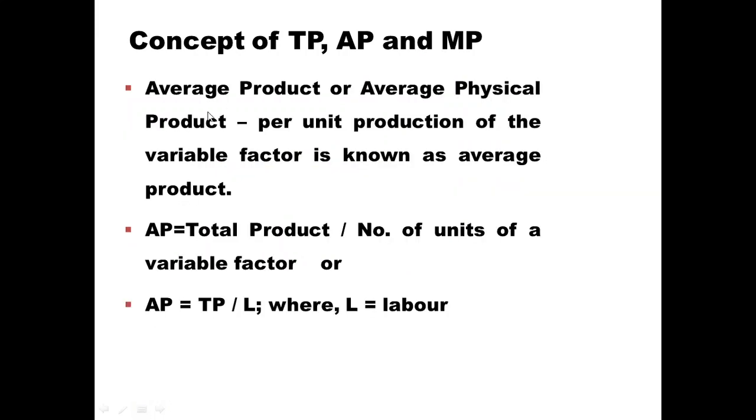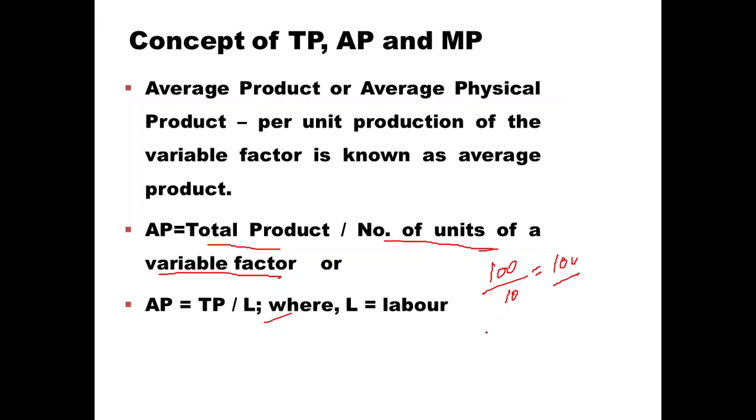Similarly, the average product, or average physical product, is the product per unit of variable factor. How will you measure it? Simply divide the total product by the number of units of the variable factor. Here it is labor. Say, for example, total product is 100 and you are using 10 labor, so the average product will be equal to 10 units.